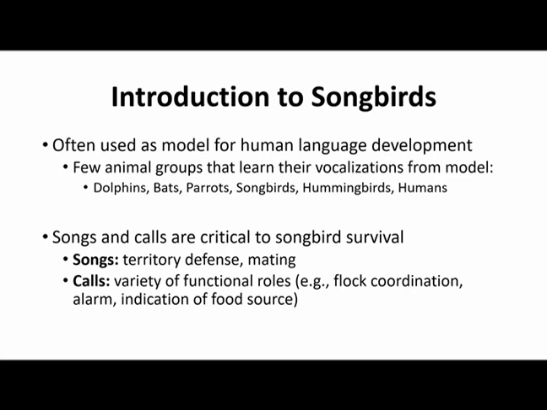Calls are a little bit more general use. So they're going to have a variety of different functional roles. They're still biologically relevant. They're just not as directly tied to things like reproductive success. So calls could be involved in coordinating movement within a flock, expressing alarm if a predator enters the area, or telling others of a nearby food source.